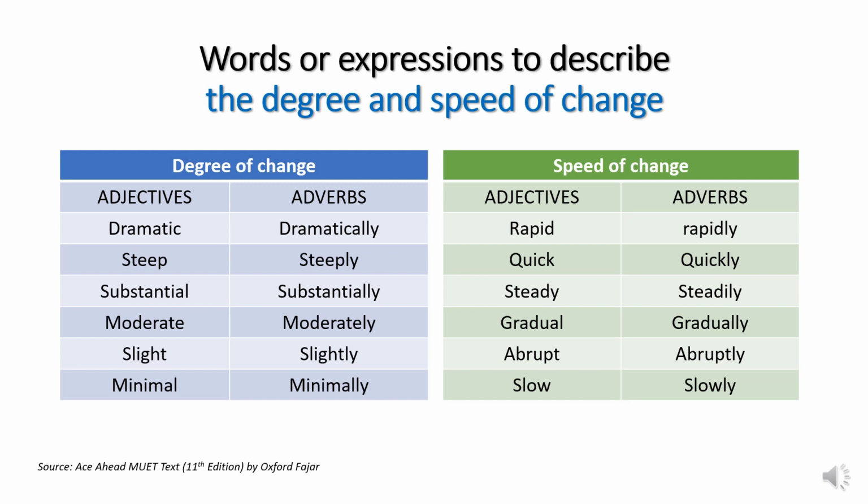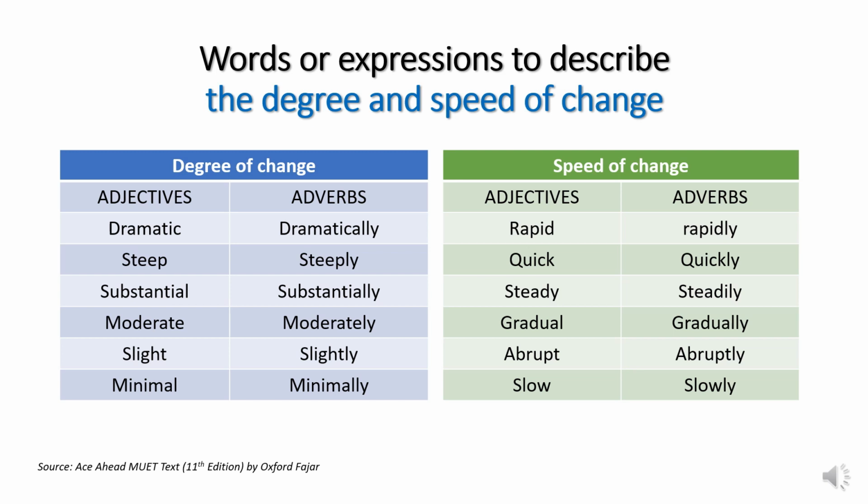Sometimes when you are analyzing stimuli, you may also be required to state the degree of change and speed of change. Here are some useful adjectives and adverbs that you can use to describe the changes. For example, if you look at the degree of change, from the adjective dramatic, you add ly and it becomes adverb.